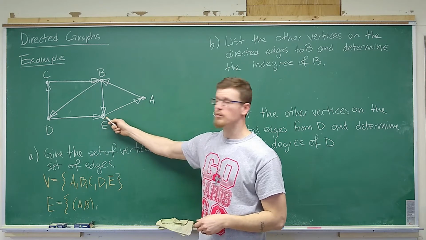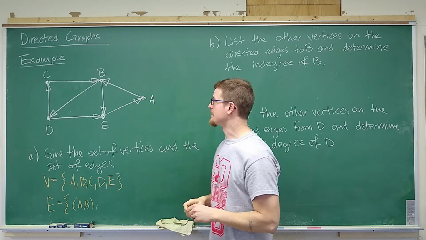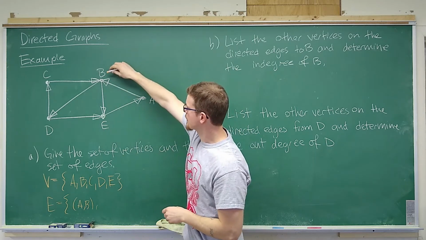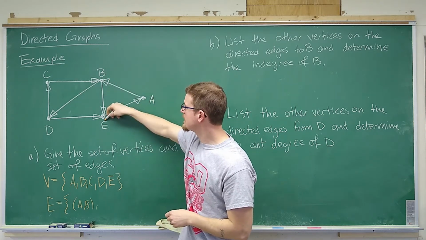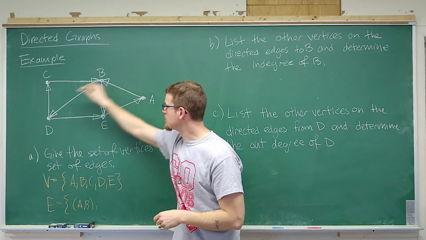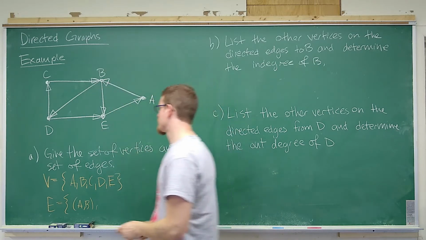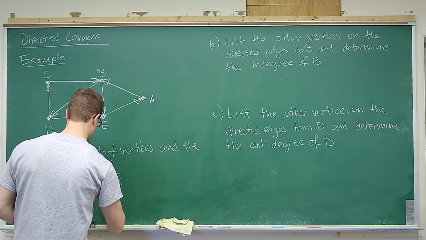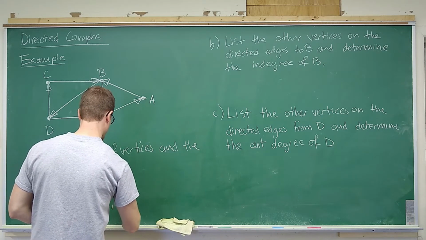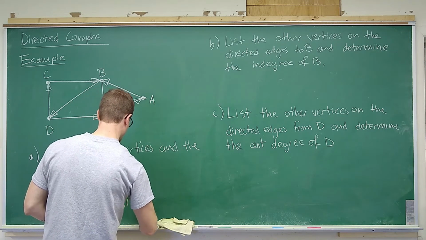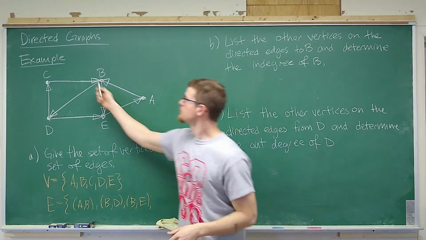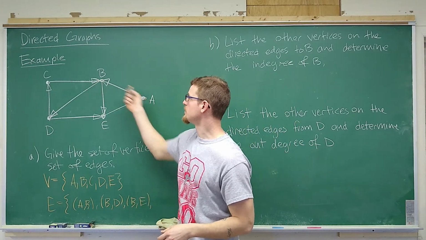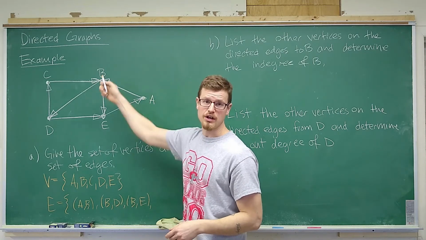That I will take a look at when I look at vertex E. For vertex B, I have B goes to D and B goes to E. Again, the directed edges, B to D and B to E. Excellent. The other two edges I'll consider with the other vertices.